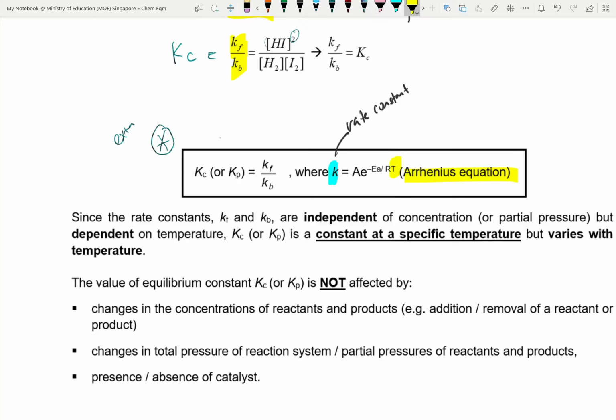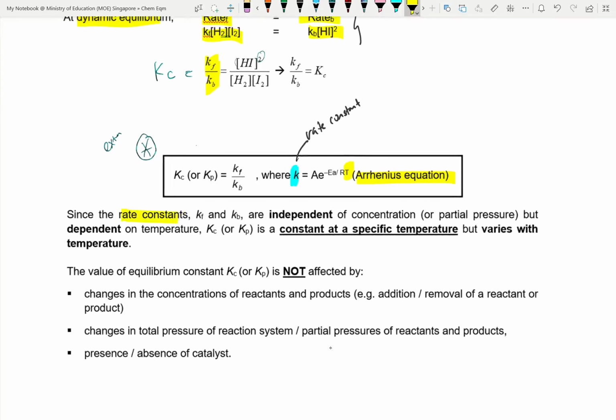This is also the reason why the rate constant for both forward and back reactions is independent of the concentration or partial pressure, but dependent on the temperature. Likewise, Kc and Kp will be a constant at a specific temperature, but will change when there's a change in temperature.